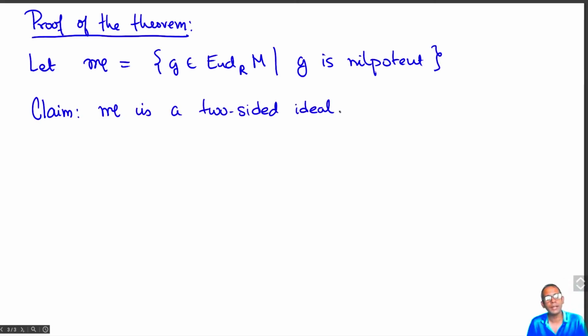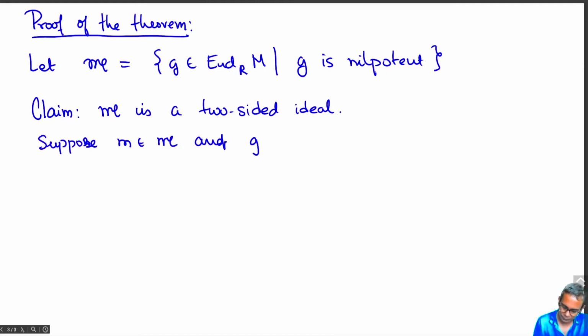So first we'll show that M is closed under left and right multiplication by elements of End R M. So suppose m is in M and g is in End R M. Now since m is in M, it is nilpotent.